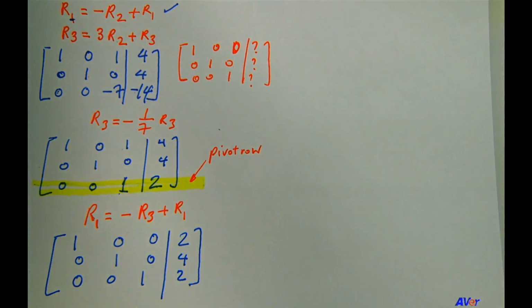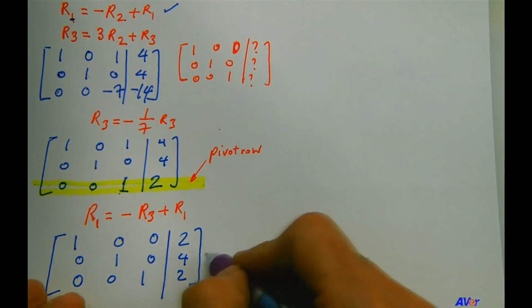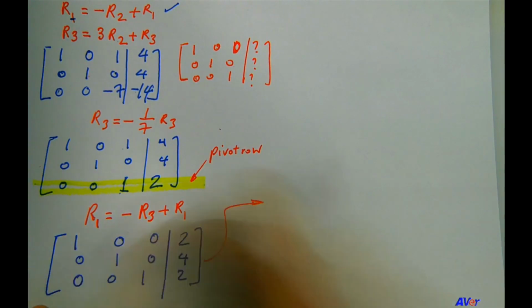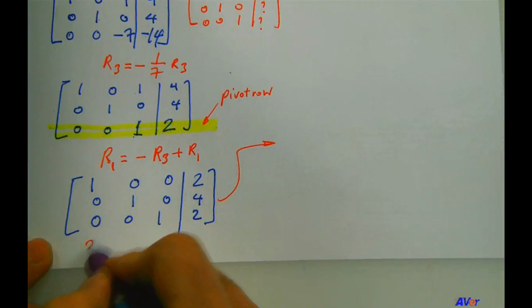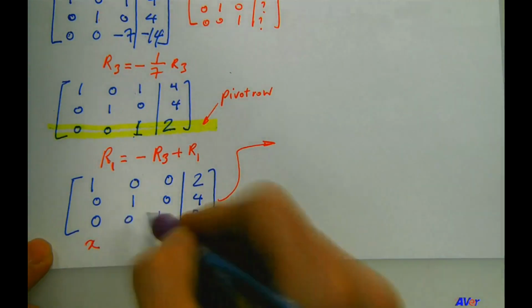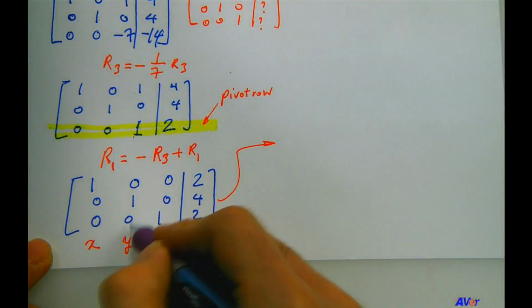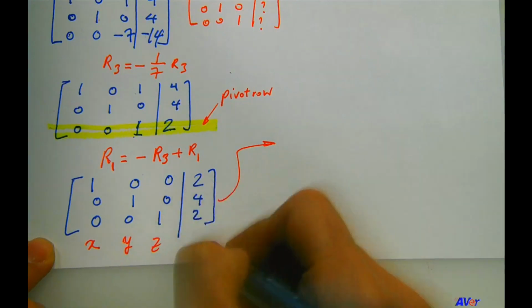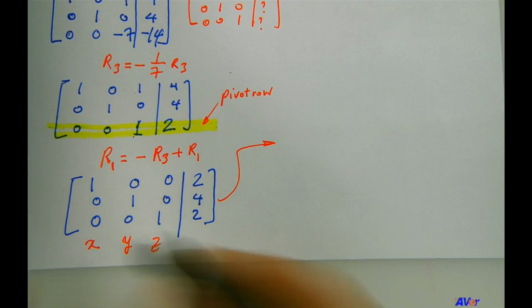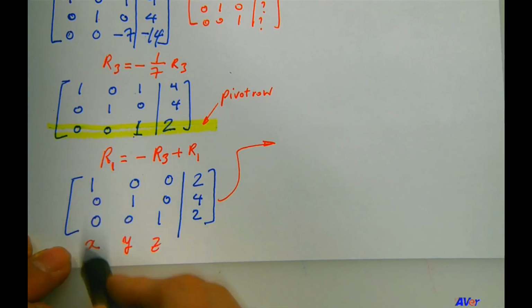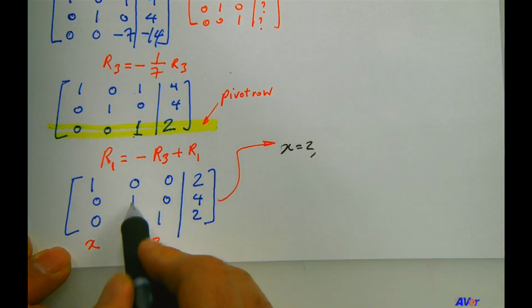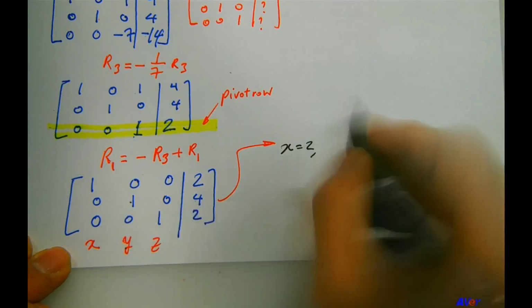So now we can write the system solution here, right? Remember that these numbers are the coefficients of variable x. These numbers are the coefficients of variable y. These numbers are the coefficients of variable z. And these are the constants, right? So the solution is x: 1 times x equals 2. 1 times y is equal to 4.